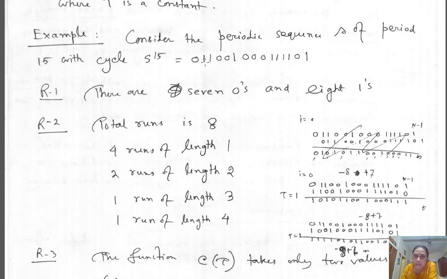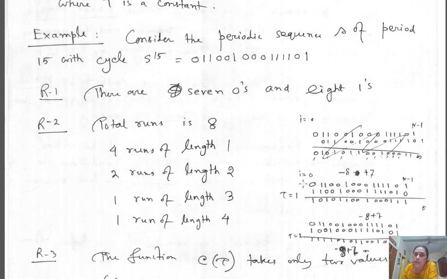That means we are taking from 1, 1, 0, 0, 1, 1. So the S1 position is now here. Tau shift means this one is here, this one is here, this one is here, like that. Tau equal to 1 means this.